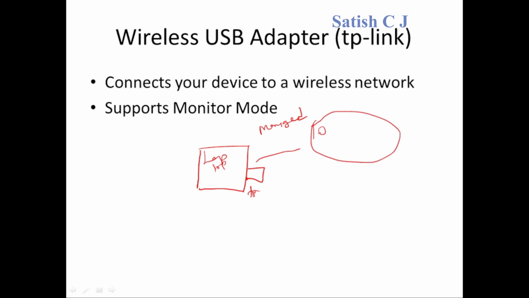There are some access points available. From Kali Linux, we can directly connect to a Wi-Fi network using the normal process. You have an SSID and then you have a password for connecting to a network. That is the normal use of a wireless USB adapter from Kali Linux, where you access this adapter and connect to a network.